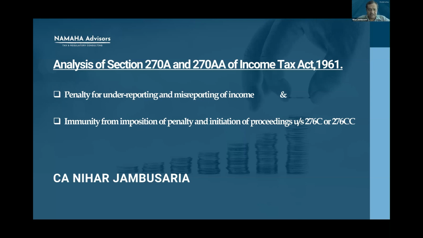And at the first reading of Section 270A, we felt that now there is no need for initiation of penalty proceedings during the course of assessment, or you will observe when we discuss this section a little later that penalty can be levied by Commissioner Appeals during the course of appeal proceedings if there are further enhancements in the additions made by the assessing officer.